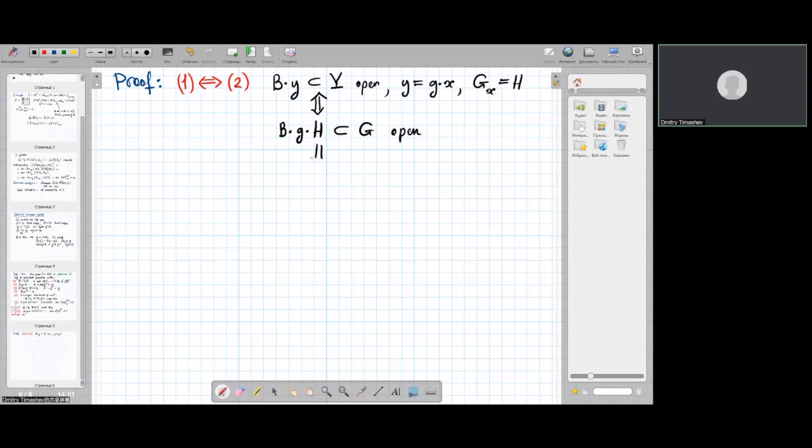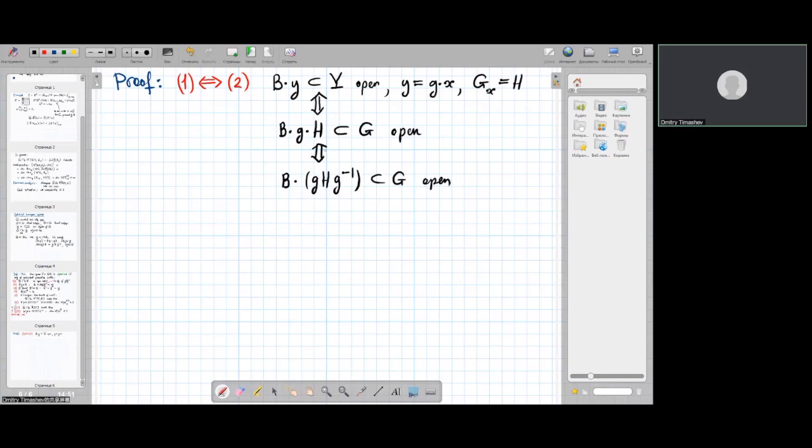And this holds if and only if another product set G times G H G inverse is open in G.